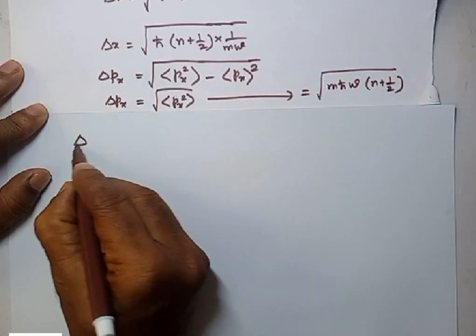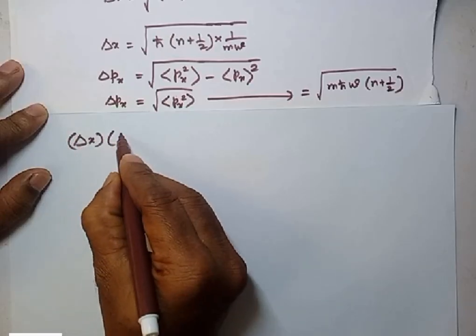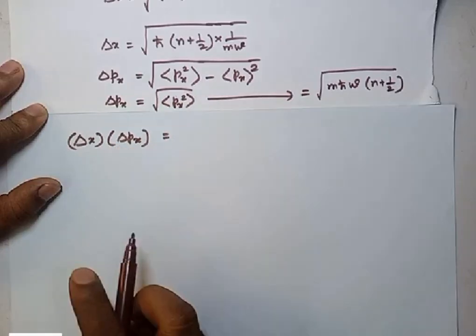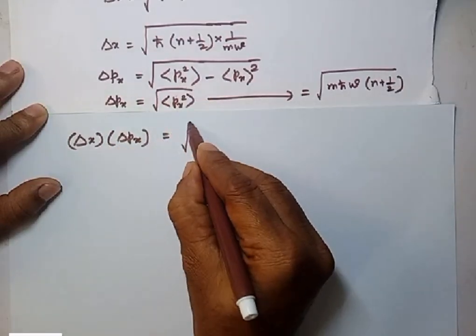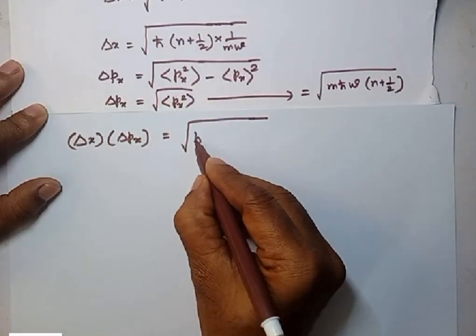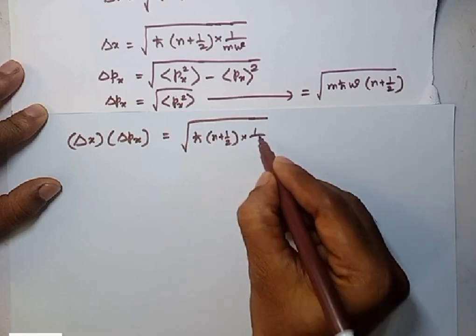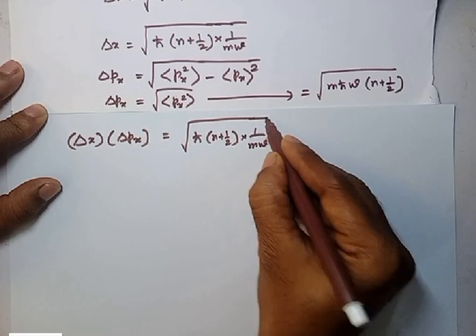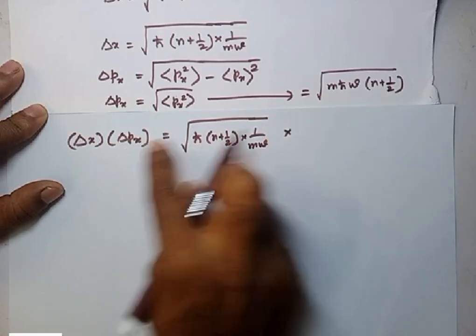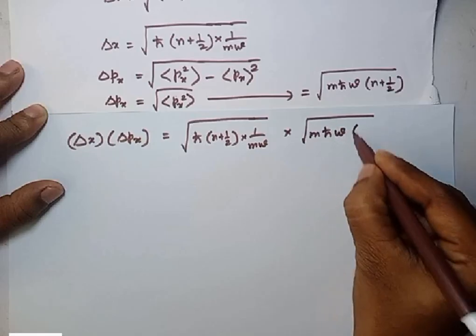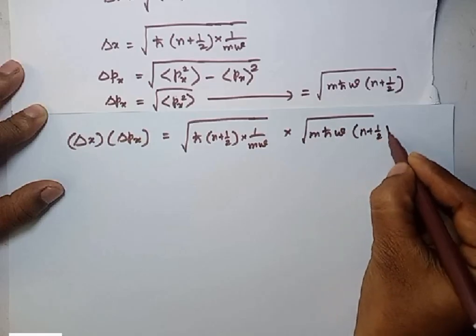Suppose you don't remember the formula, you can do it like this. Delta x into delta px. Delta x is the square root of h cross into n plus half into 1 by m omega, and delta px is the square root of m h cross omega into n plus half.